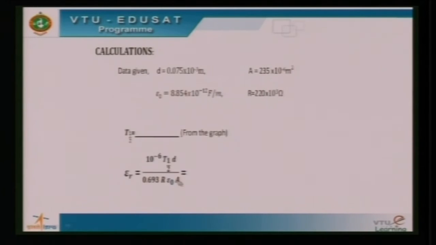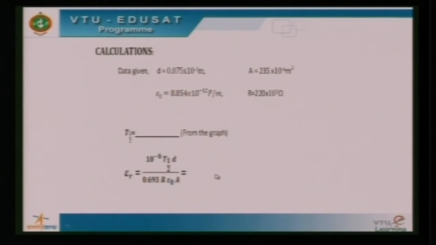This is to be noted down from the graph, and then we substitute that value in this formula: 10 to the power 6 epsilon r equals 10 to the power minus 6 T half d divided by 0.693 R epsilon naught A, where T half is the half time, d is the distance between the capacitor plates, R is the resistance that we have used, that is 220 kilo ohm, epsilon naught is the absolute permittivity of free space whose value is 8.854 times 10 to the power minus 12 farad per meter, and A is the area of the capacitor plate.